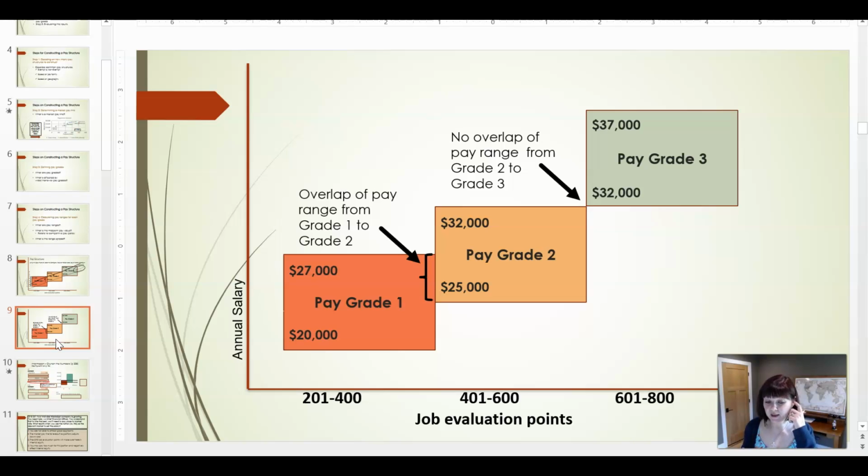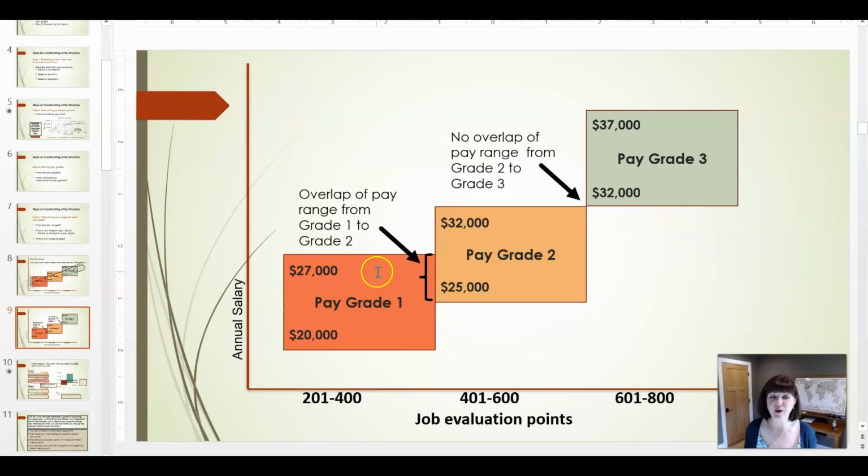Okay, so when we're talking about the range spread, you can see that the minimum and maximum are here and here. Oftentimes your different pay grades have an overlap. And again, it just makes it easier to promote people, so you're not giving them a big pay raise.